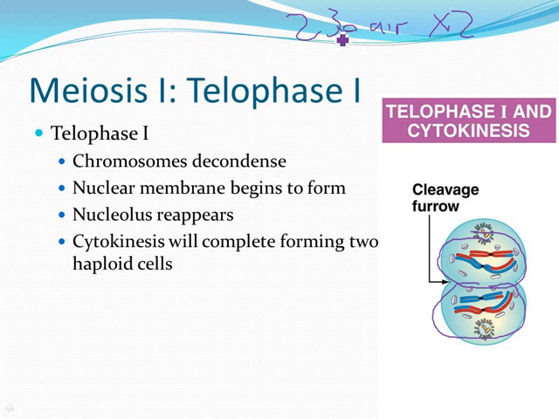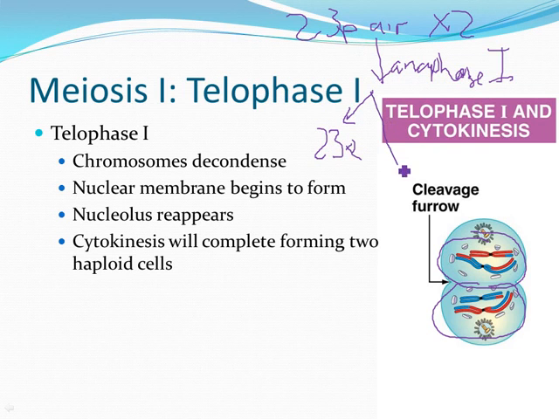So it's not going to be paired off anymore. So there's going to be 23, basically times 2, still, and then 23 times 2. Notice how it's not a pair anymore. So is this a haploid cell or a diploid cell?